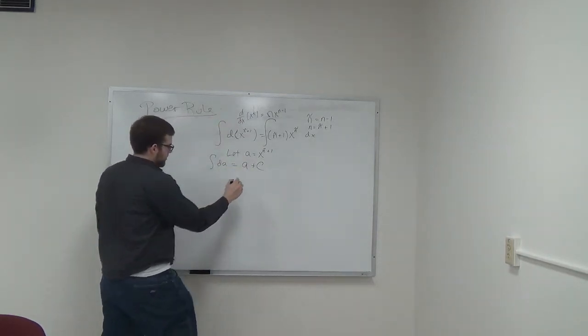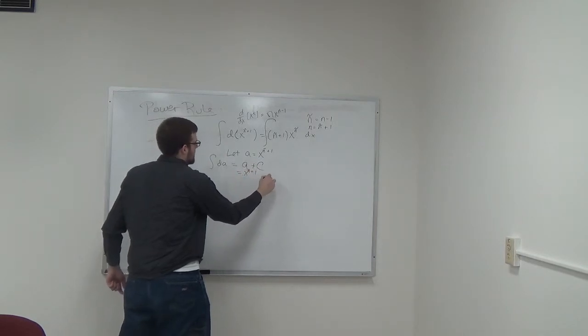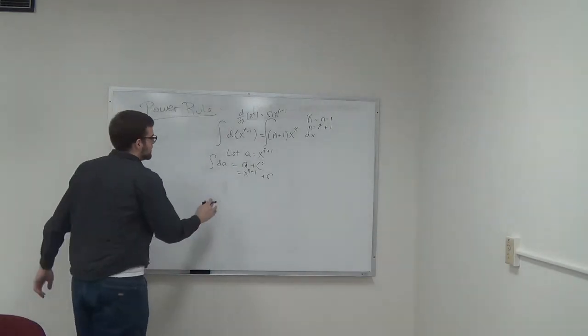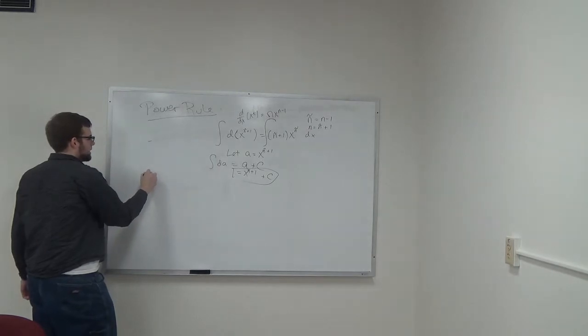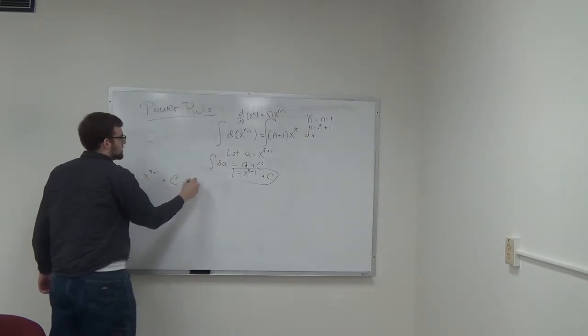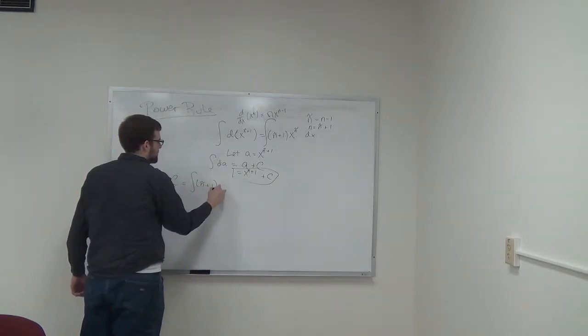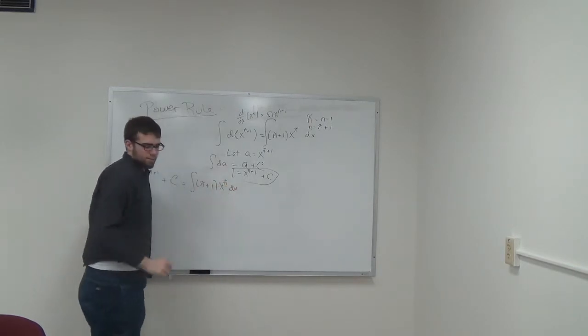And remember, A is equal to x to the n tilde plus 1. So we have x to the n tilde plus 1 plus c is equal to the integral of n tilde plus 1 times x to the n tilde dx.